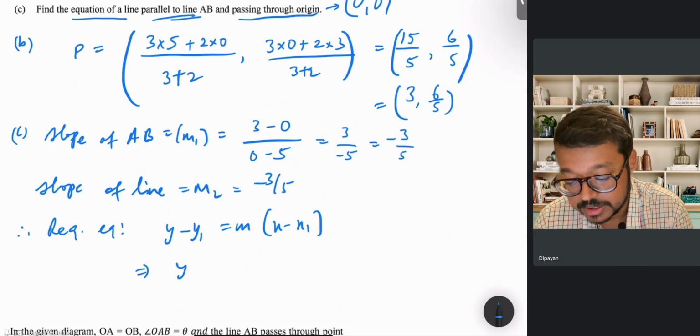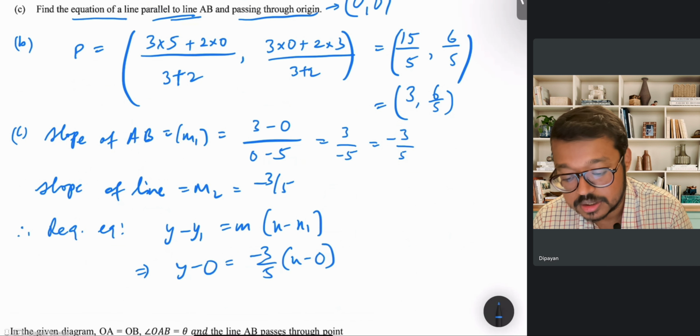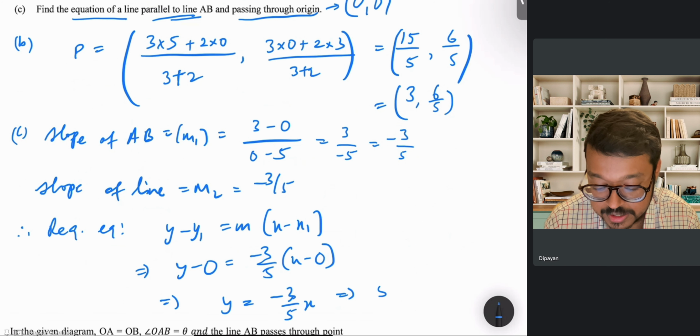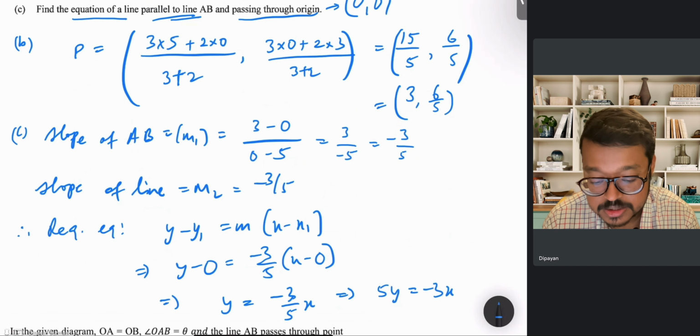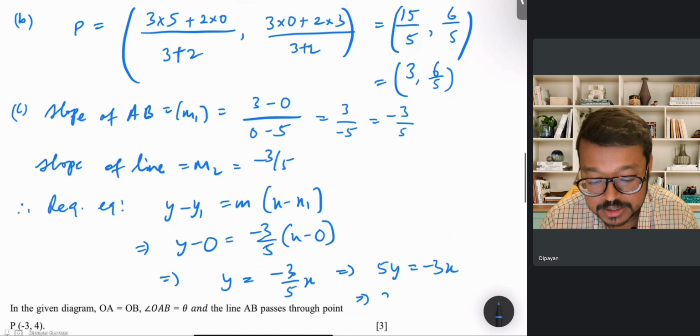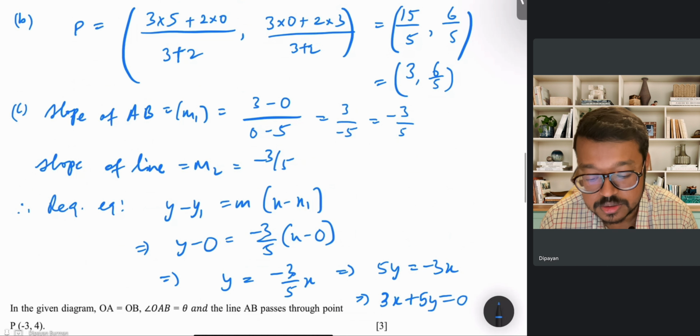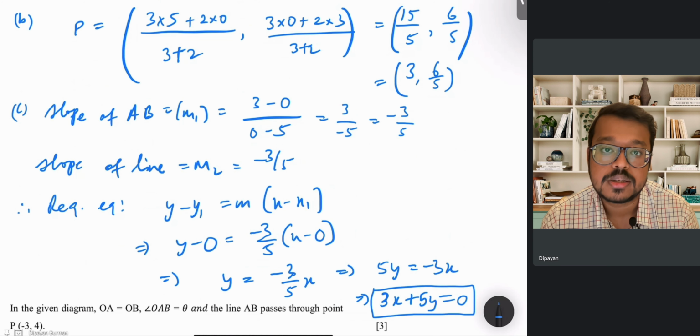So we have y minus 0 equals minus 3 by 5 into x minus 0. So that means y equals minus 3 by 5 x, and if I rearrange this, we will get 5y equals minus 3x, or I can say 3x plus 5y is equal to 0. This is the required equation.